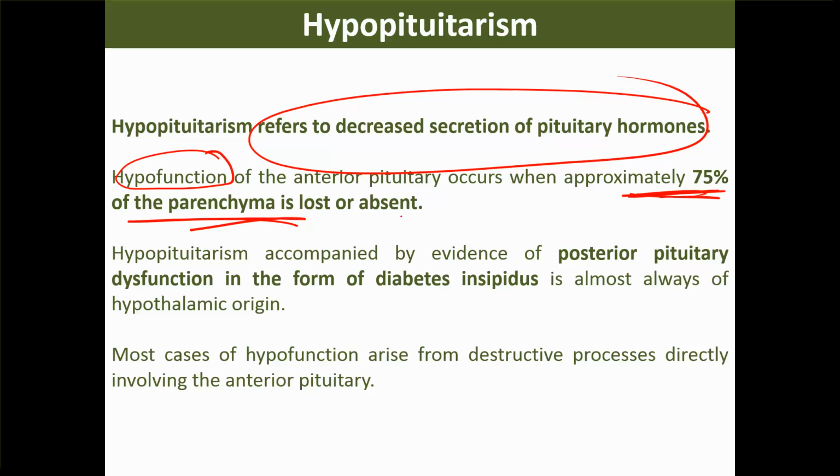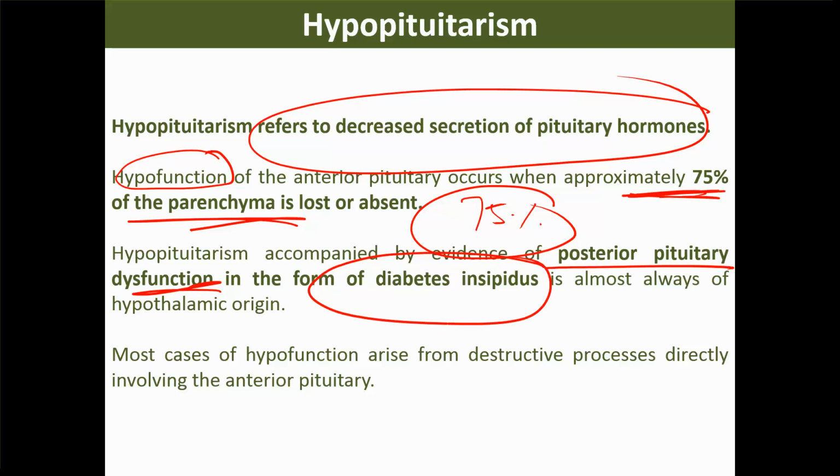So if you see a person having syndromes, symptoms or signs related to hypopituitarism, then 75% of the gland is already destroyed or lost. So keep that in your mind. If the posterior pituitary has dysfunction, it will result in a disease condition called diabetes insipidus. Okay, inshallah we'll discuss that more.